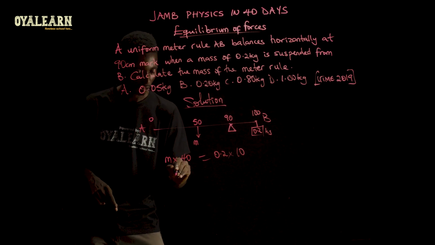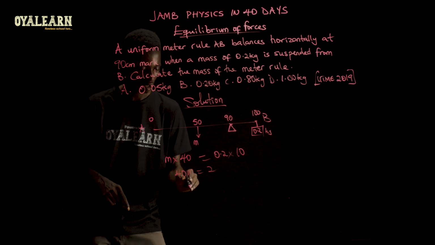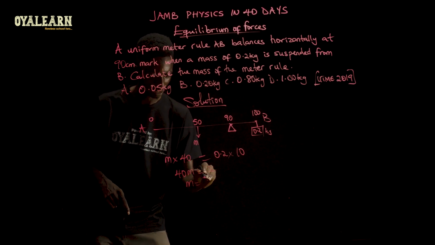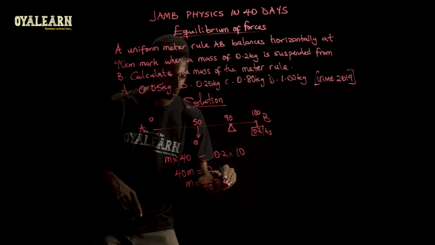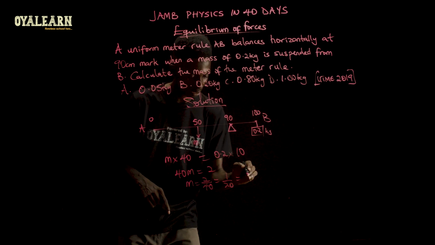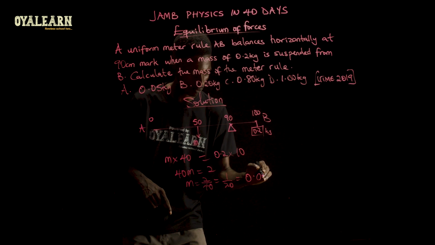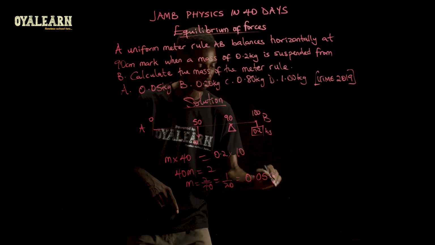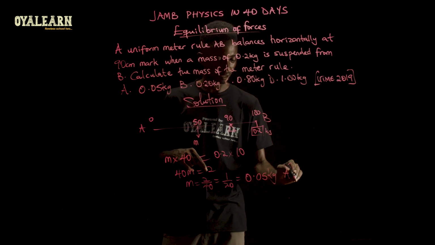So we have 40M equals 2, which implies that M is 2 over 40, which is basically 1 over 20. And this would give us 0.05 kilogram. So the correct option is option.